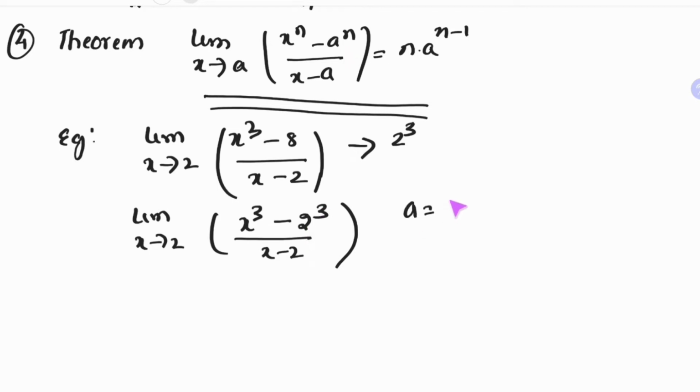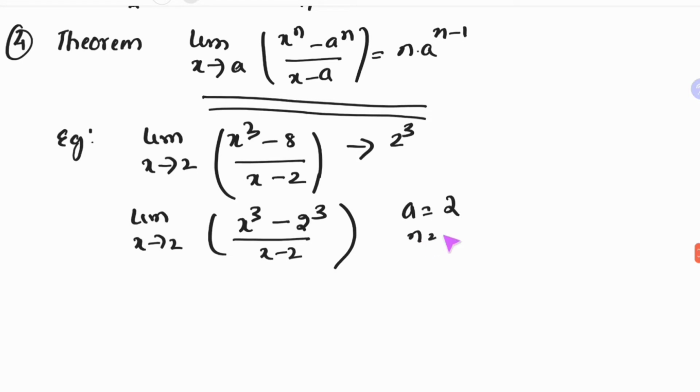So a is 2, n is nothing but 3, a to the power n is 2 cube. So now what's going to be the formula for this? n into a to the power n minus 1. n is 3, a is 2, n minus 1 is 2. So it's going to be 3 into 2 to the power 2, which is 3 into 4, nothing but 12.